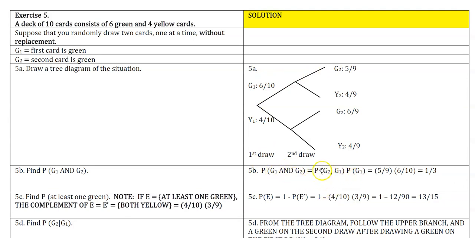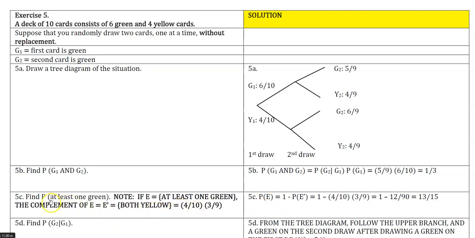So it would be the probability of G2 given G1 times the probability of G1. And the conditional probability of G2 given G1 is right here. It's 5/9. Remember, you've already taken out a green card from the deck. So 9 cards remain, of which now 5 are green. So that would be 5/9. And that product is 1/3.